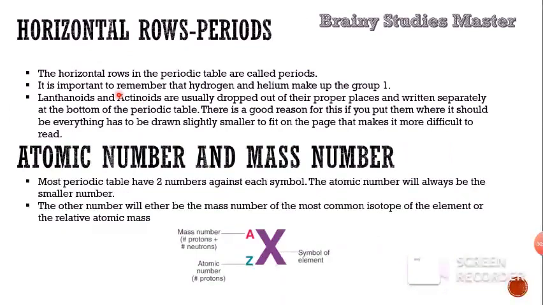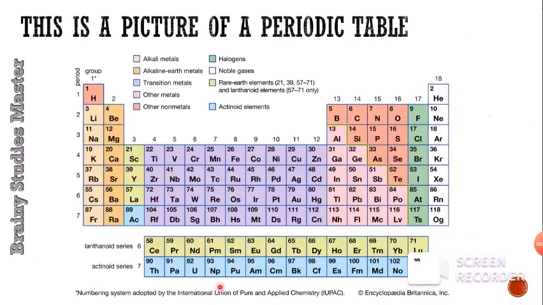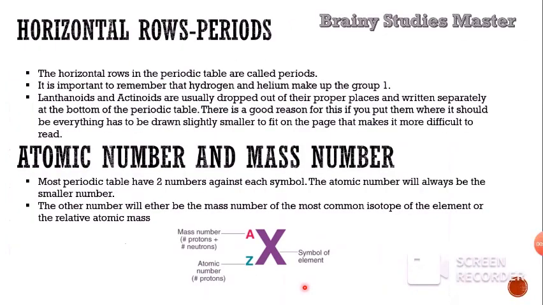Lanthanoids and actinoids are usually taken out of their proper places and written separately at the bottom of the periodic table. So you might think, why have they been dropped out of the periodic table here and written separately over here? There is a good reason for that.